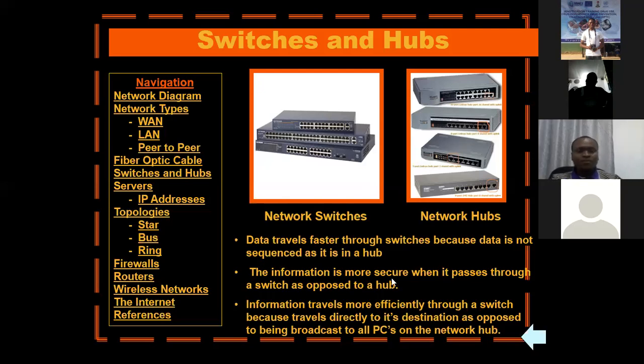Now, with the switch and the hub, the information is more secure when it passes through a switch as opposed to a hub. When you are on a network where you share files, you have access to the files being shared via a hub, because a switch will only give access to the destination system, unlike the hub that will just broadcast data across the network.